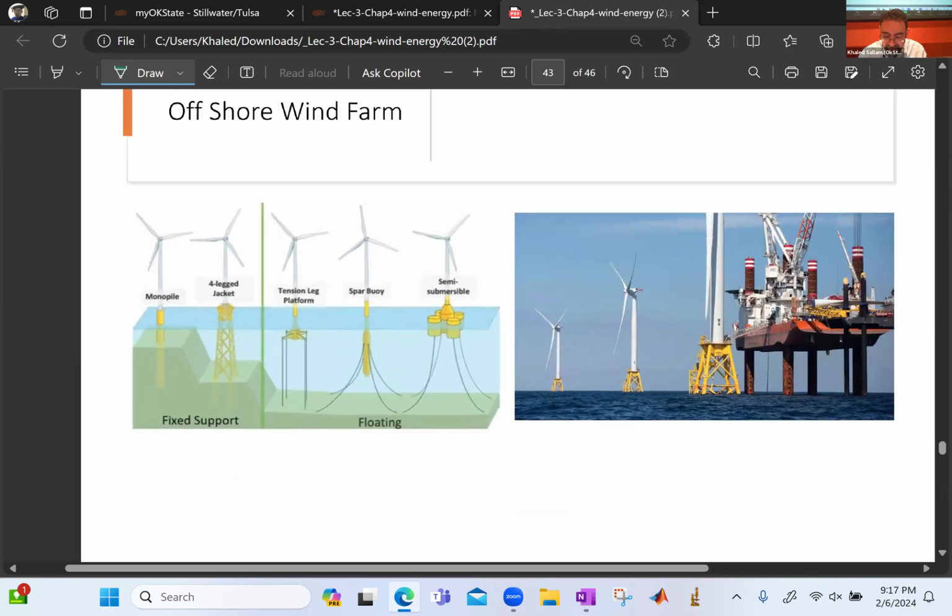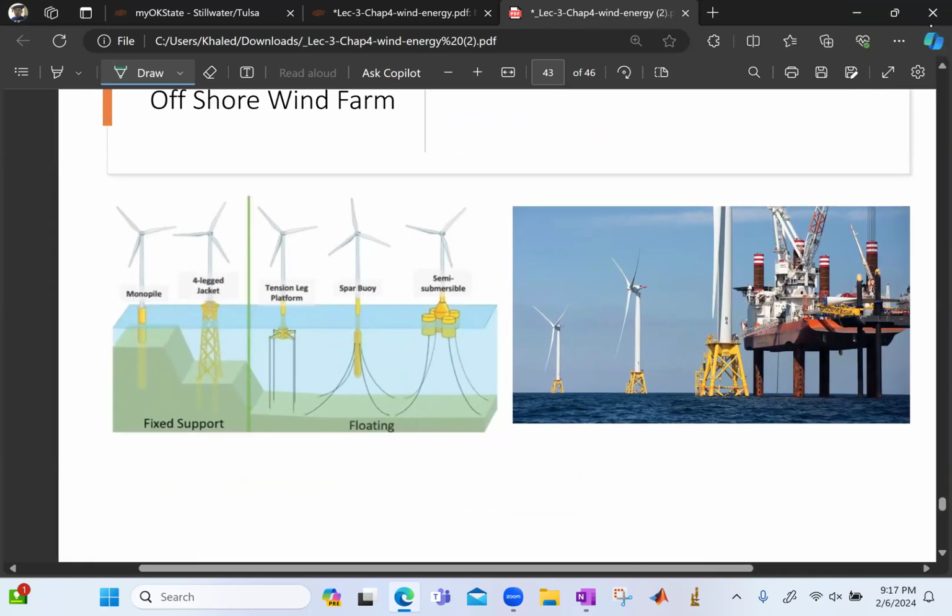And again, they did this already in Europe. There are a lot of wind farms off the coast of Europe, right? And actually, one guy that took this course was telling me that their company was working on building, or helping build, ships that basically go and stand next to the turbine.